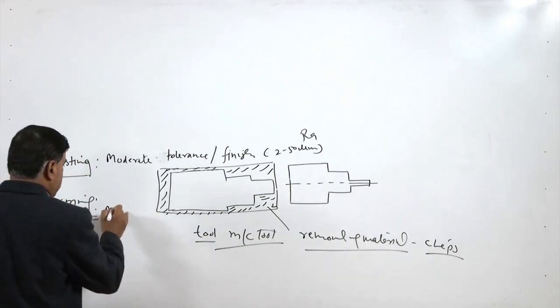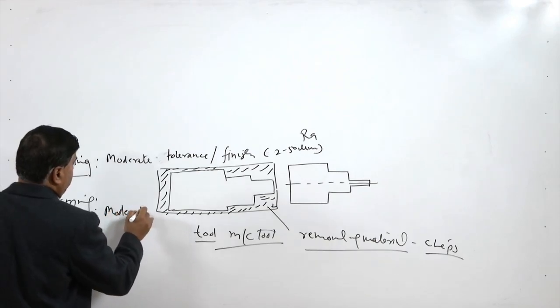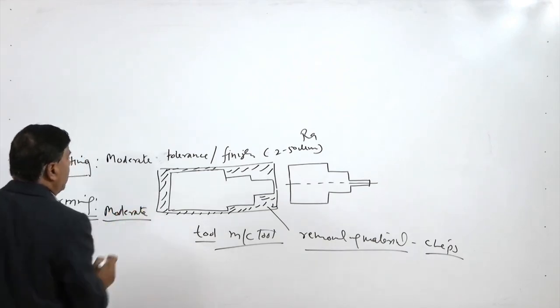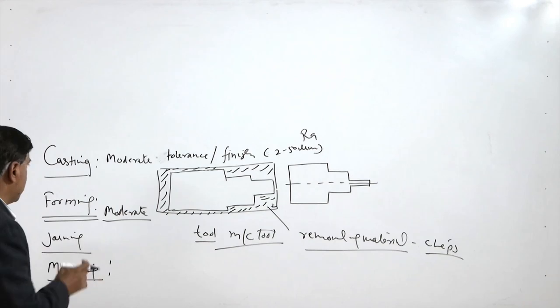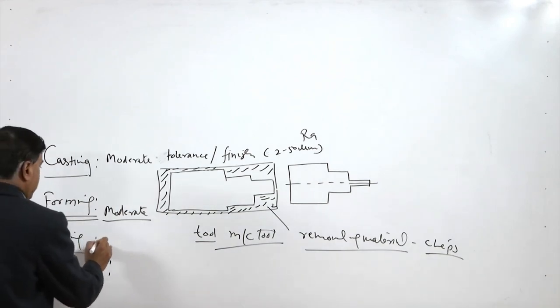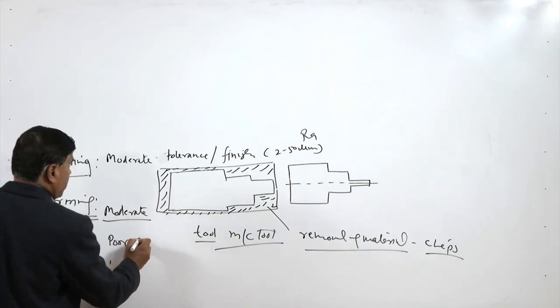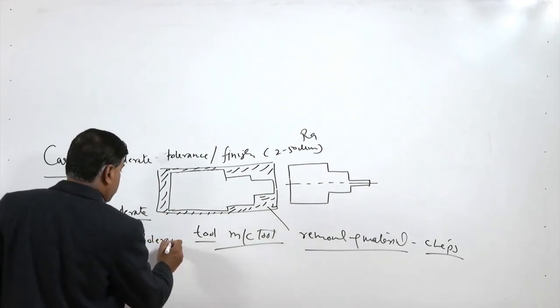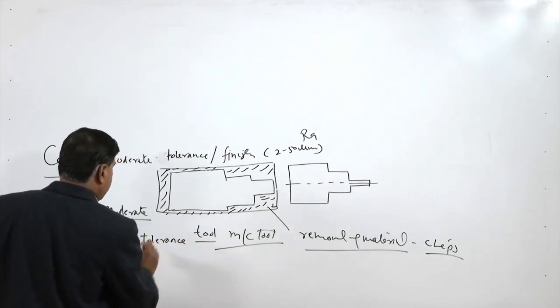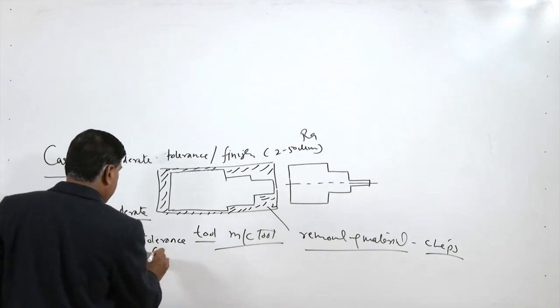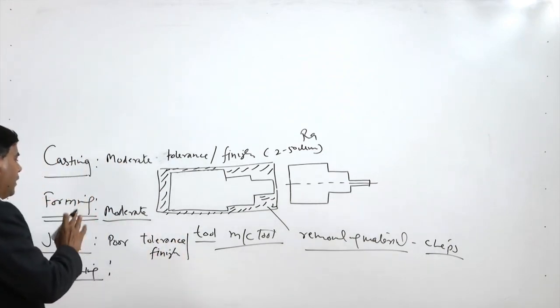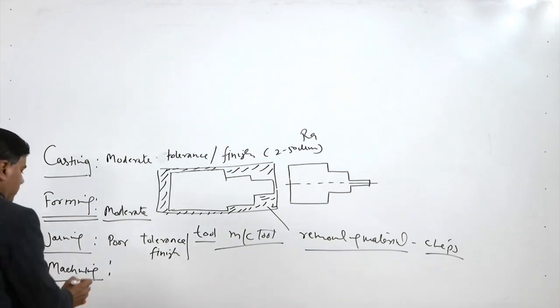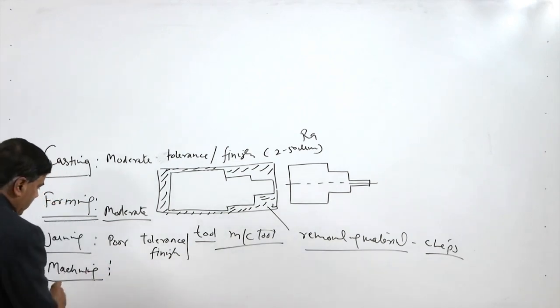So, here it is also moderate in terms of surface finish and tolerance. Joining is poor in terms of control over the tolerance and the finish, and definitely needs post machining or secondary processing.